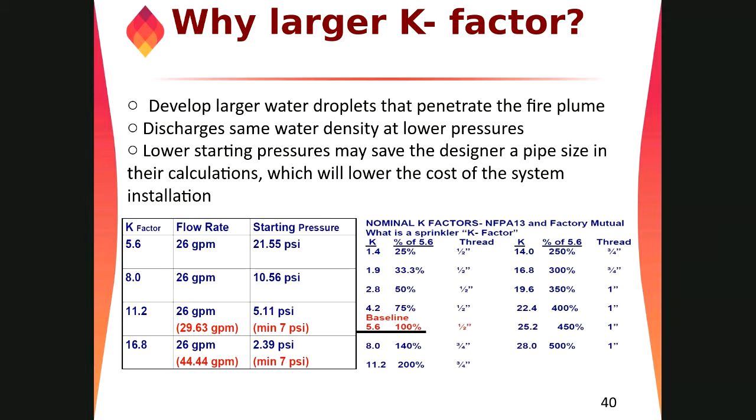But what does this column, starting pressure, mean exactly? The third column is 21.5 and 10.5. At 21.5 psi with a 5.6 K factor, we'll get a flow of 26 GPM. If pressure goes up for 5.6, the flow will be more than 26, maybe 30, 35, 40, based on the pressure.